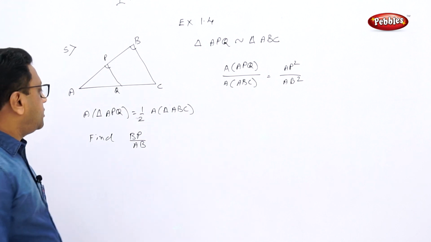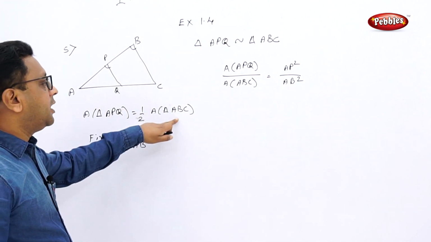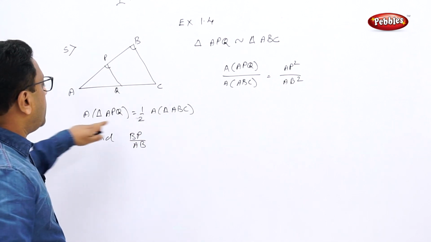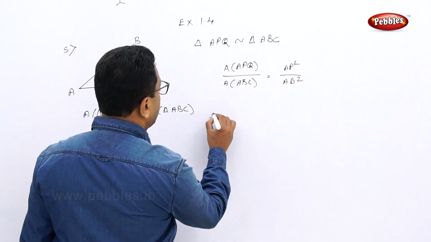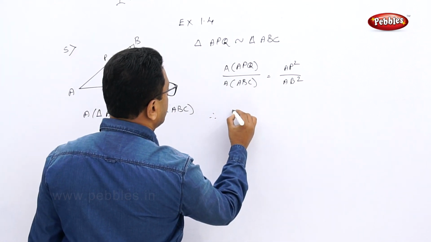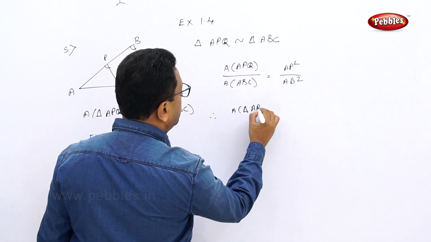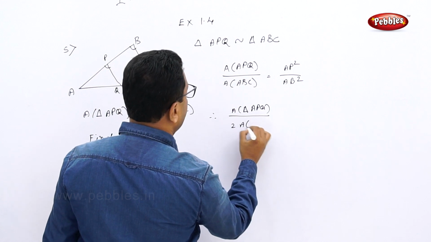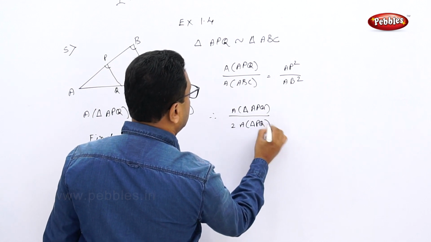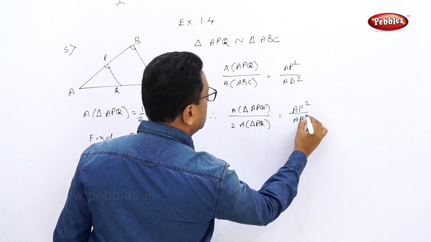But we know that area of triangle APQ is half of the area of triangle ABC. So 2 APQ is equal to ABC. So I can write that area of triangle APQ upon twice area of triangle APQ is equal to AP square upon AB square.